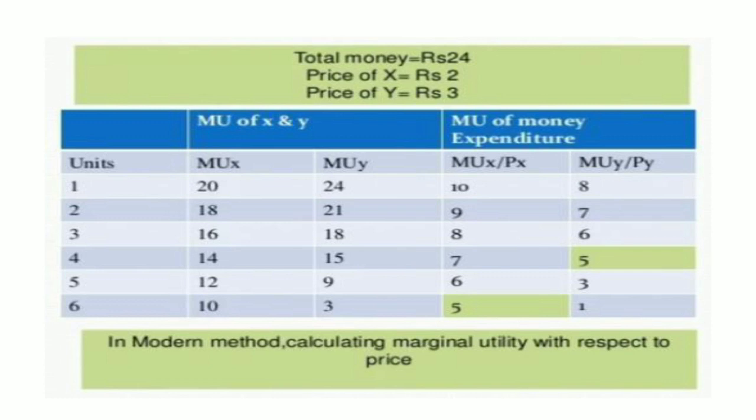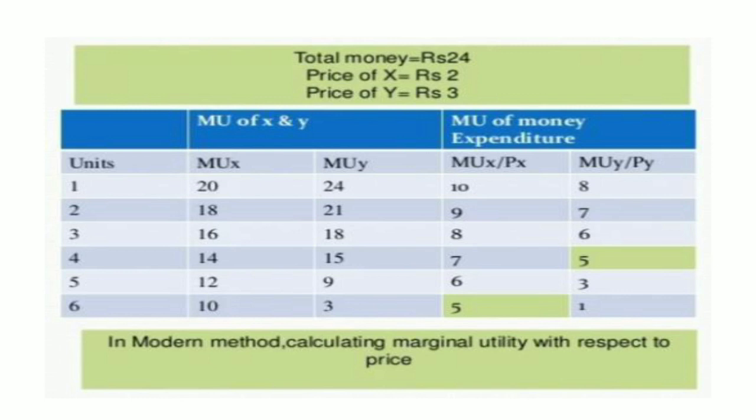We divide the marginal utility by the price. For X: 20 divided by 2 is 10, 18 divided by 2 is 9, 16 divided by 2 is 8, 14 divided by 2 is 7, 12 divided by 2 is 6, and 10 divided by 2 is 5.